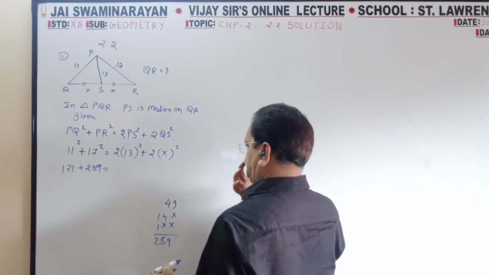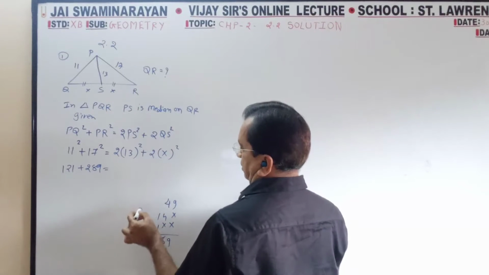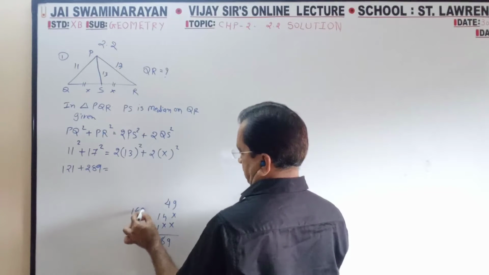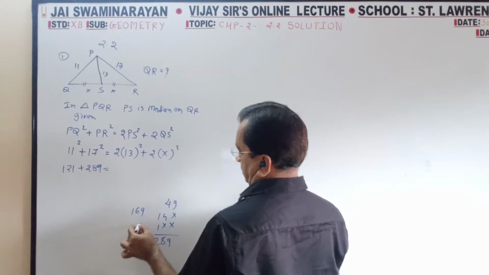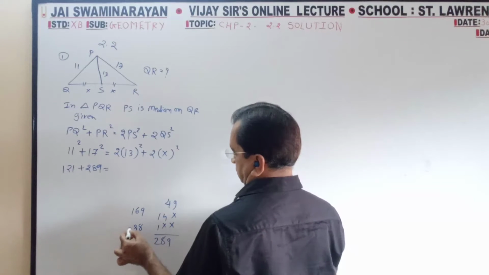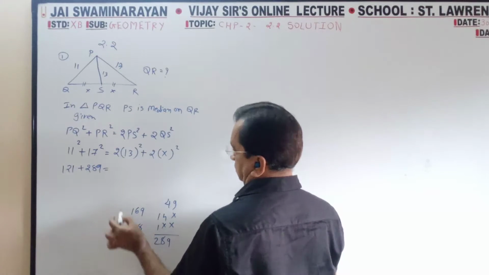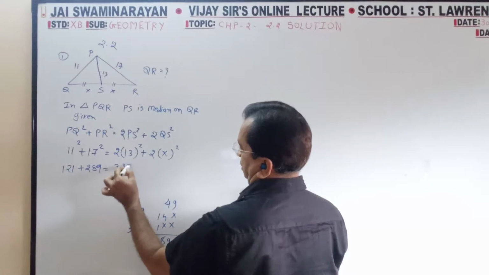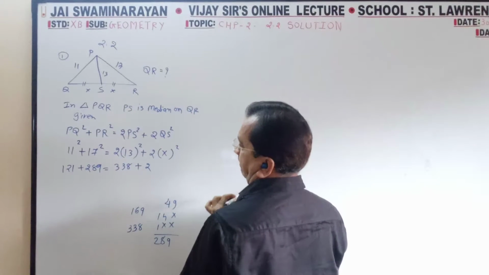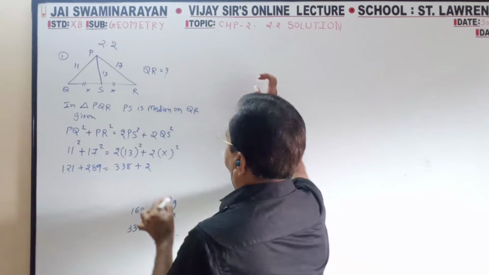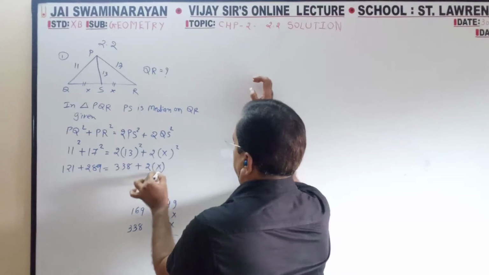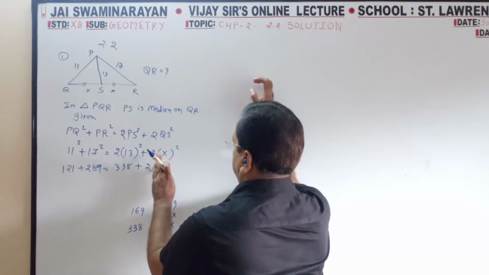This cross and double cross I will teach you one day. This is 169, double is 338, plus 2x square.